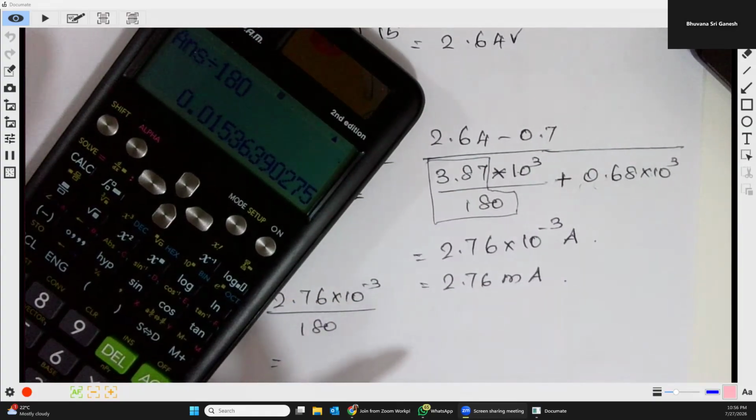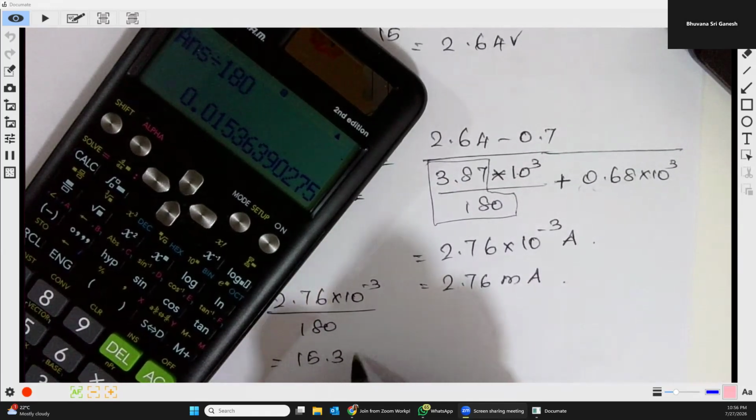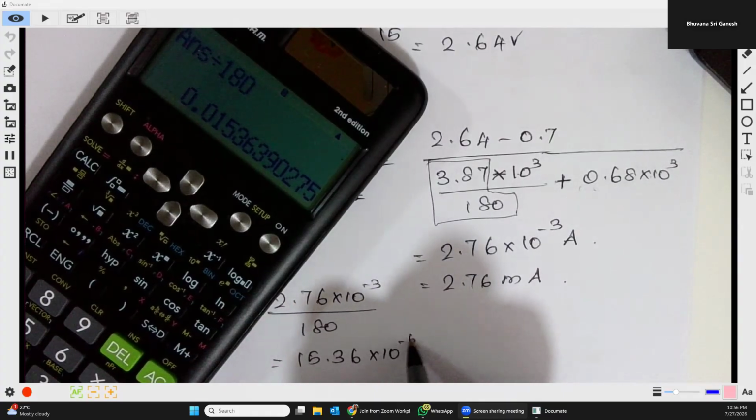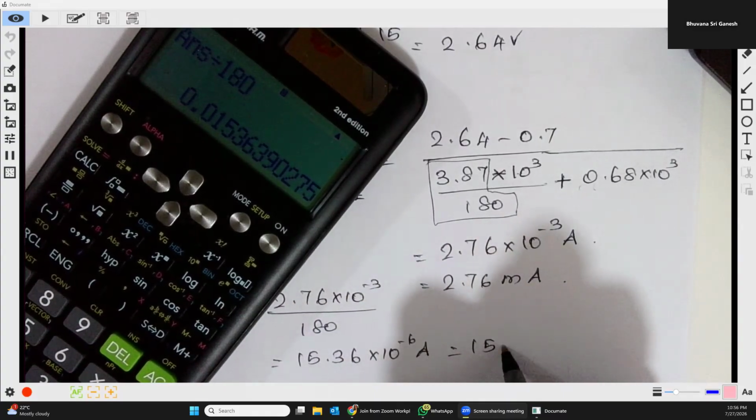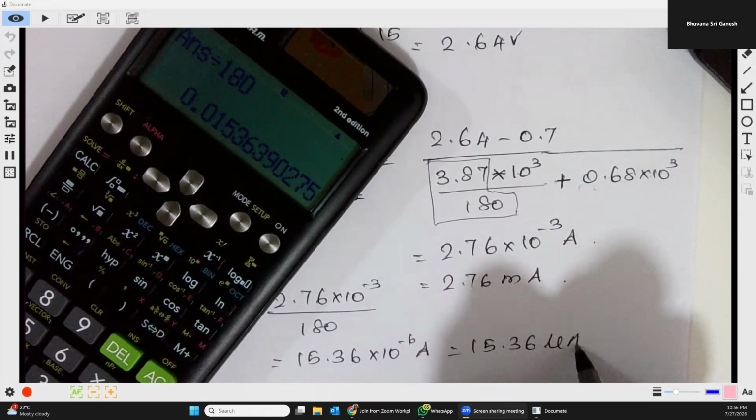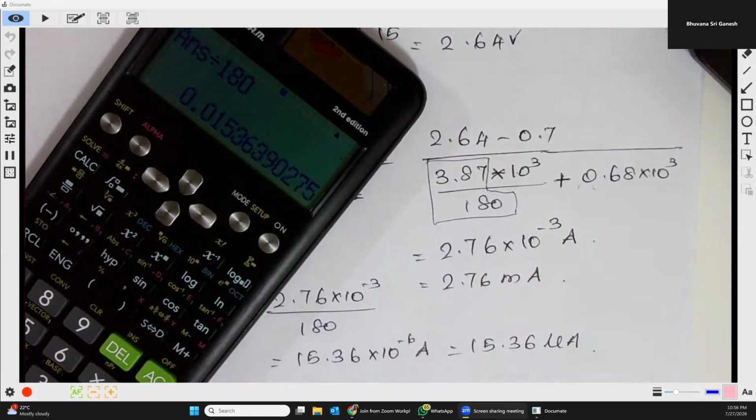So I would write 15.36 times 10 power minus 6 amperes. That's equal to 15.36 microampere. Got it.